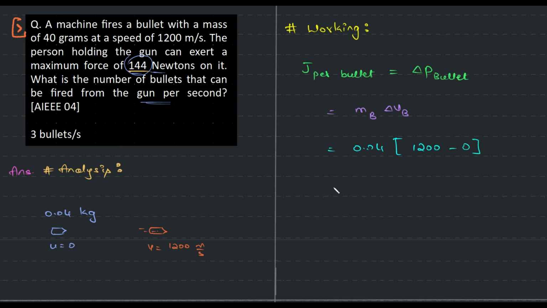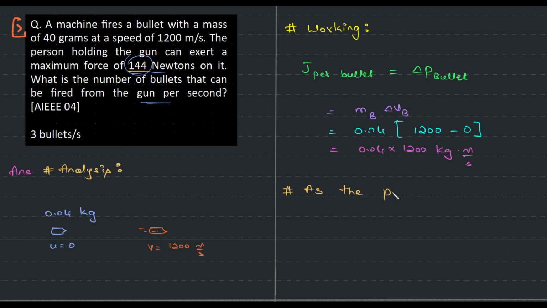Again, all of these steps are not needed to this extent, but we'll go with it. So this is 0.04 into 1200 kg meter per second.